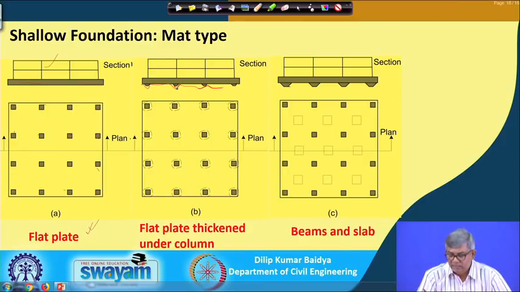And this is another type, beams and slab. That means you can see the slab will be there, but below the slab there will be beams. So, these columns will be connected by one beam, and this side also connected by beam. Initially there will be beam-like structure on the ground, and when these two beams are meeting here, from this point the columns will be erected.